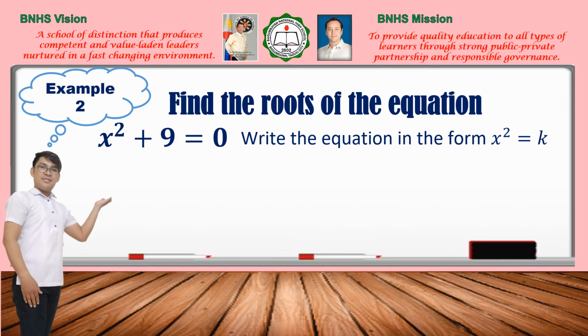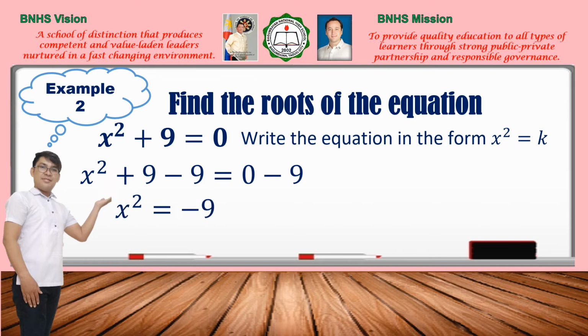So you have to apply the addition and subtraction property of equality to get x squared is equal to k. So we have x squared plus 9 minus 9 is equal to 0 minus 9. Okay, so we have x squared is equal to negative 9.